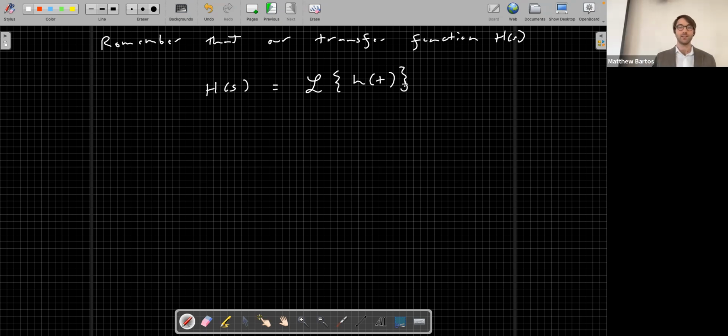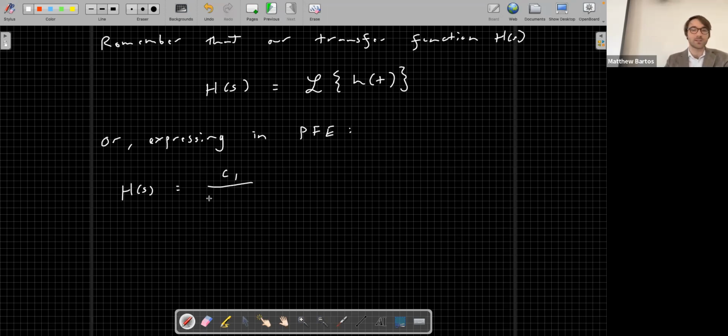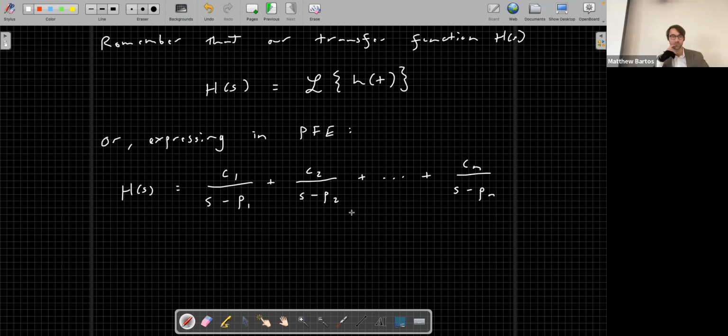The transfer function is equal to the impulse response of our system in the frequency domain, or if we're expressing it in terms of its partial fraction expansion, we have that H of s is equal to the scaled sum of the poles in the denominator. So we can write it as C1 over s minus p1 plus C2 over s minus p2, and so on, all the way to Cn over s minus pn, assuming we have n different poles.